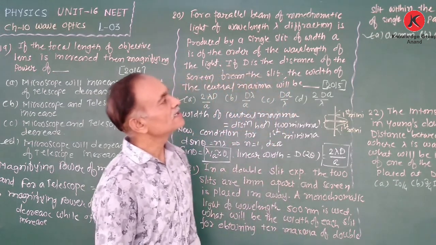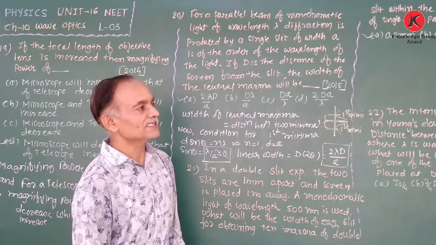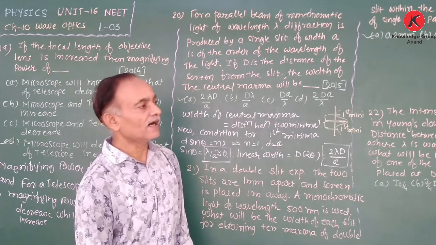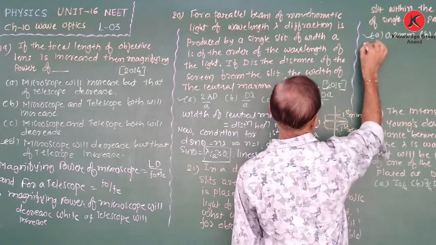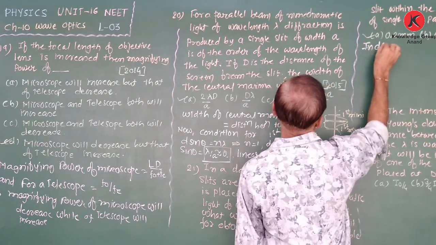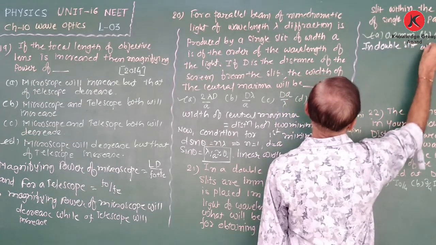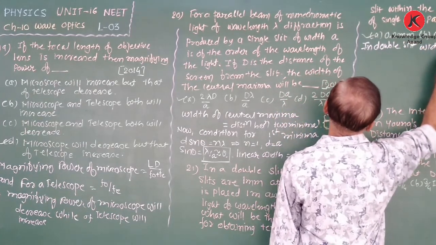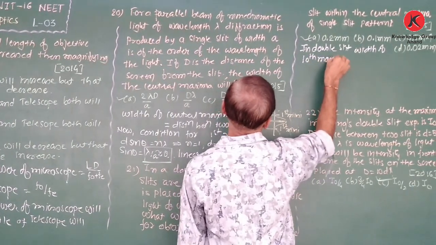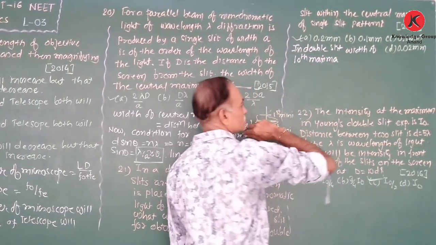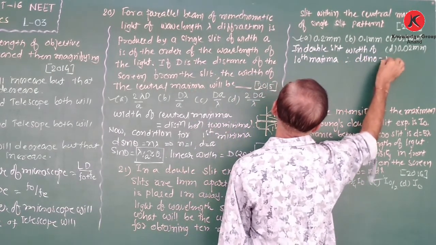the single slit pattern? Therefore, in double slit experiment, the width of the 10th maxima in double slit is d sin theta is equal to 10 lambda.